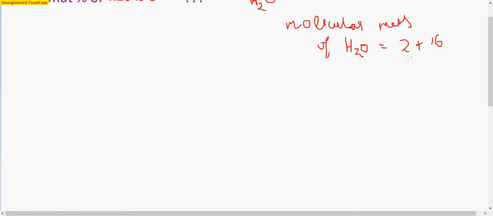So the molecular mass of H2O is 18. Now we know that the mass of oxygen is 16, right? The percentage of oxygen in H2O will be the O mass divided by the H2O mass into 100.